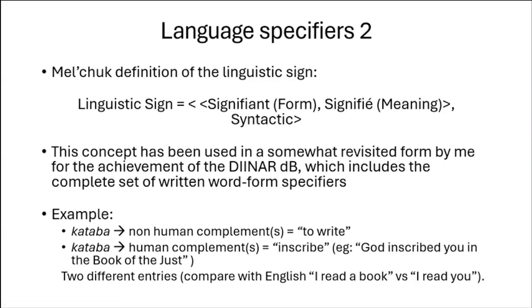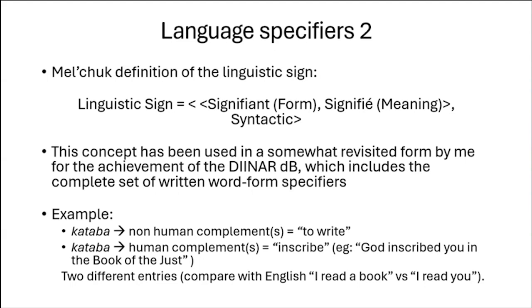Language specifiers refer also to Melchuk's definition of the linguistic sign, although Melchuk keeps saying that you must not read his previous definitions. In his last book, for instance, the linguistic sign is composed of signifiant, the form, signifier, the meanings, and the syntactic.